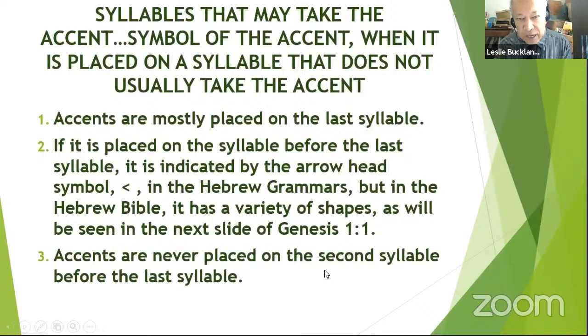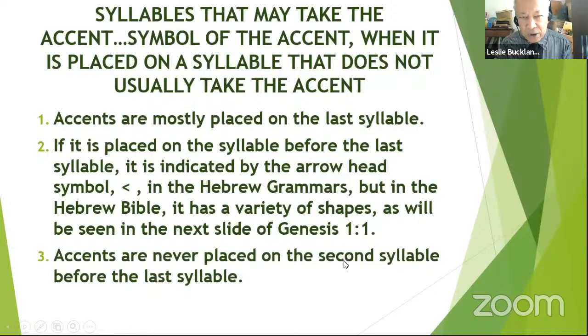So in a word that has 3 syllables, this is what would apply. You cannot expect to find the symbol of an accent on that first syllable.